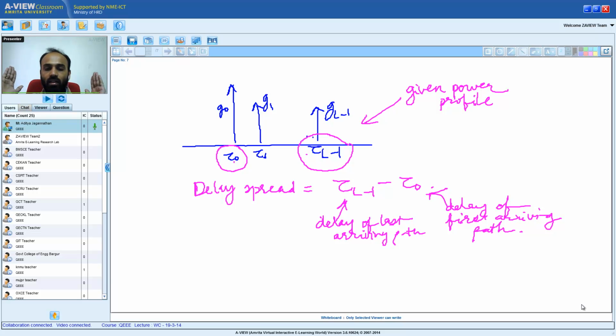We are saying that this is the interval of time over which the multipath components are arriving. So simply this can be put as the delay of the last arriving path minus the delay of the first arriving path, that is tau L minus 1 minus tau 0, and this is known as the maximum delay spread.